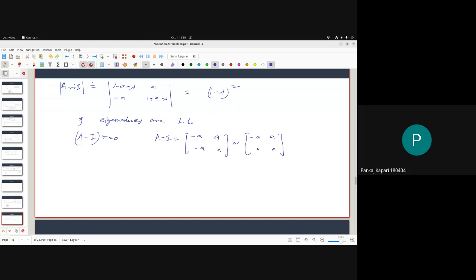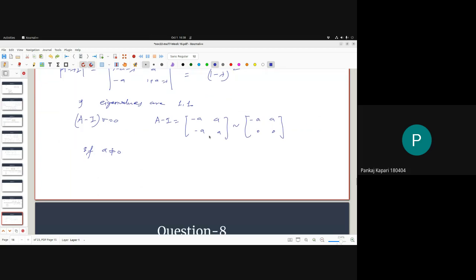Now notice that if A is non-zero, the first column has a pivot, but the second column will not have a pivot. That means there is only one free variable. Then the dimension of the eigenspace corresponding to lambda equal to 1 is 1.